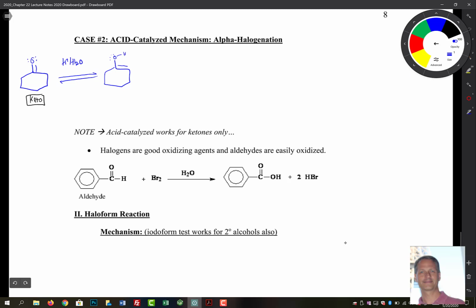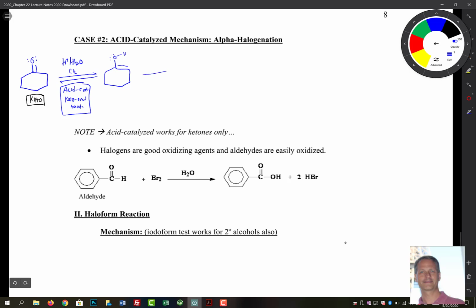So again, here we have acid catalyzed keto-enol tautomerism. All right, so we see the conditions H plus, H2O, and we see chlorine in here too.